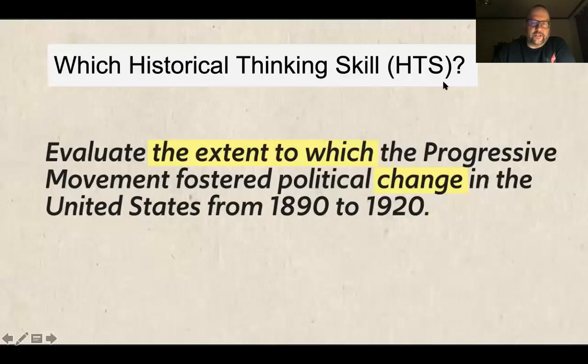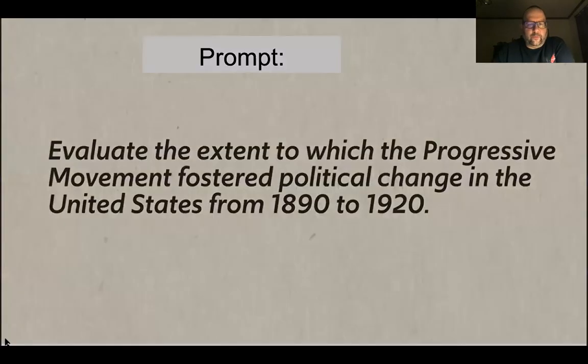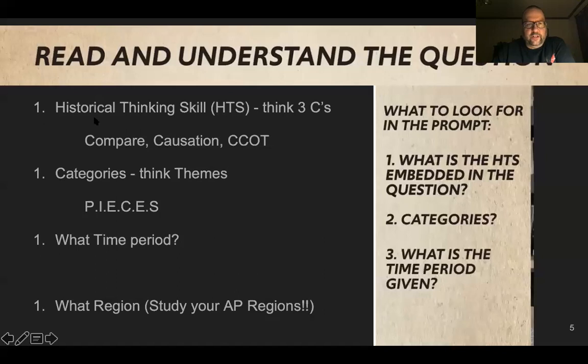Which historical thinking skill is this? Evaluate the extent to which the progressive movement fostered political change in the U.S. If I were to go back to the previous screen, are we looking at comparing and contrasting, causation, or change and continuity over time?